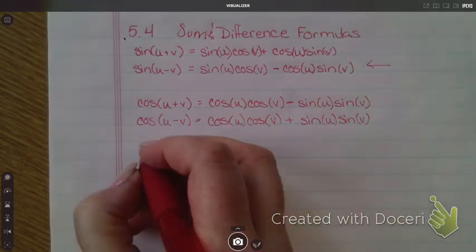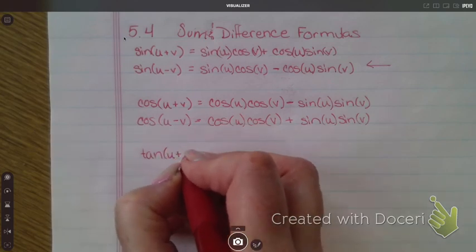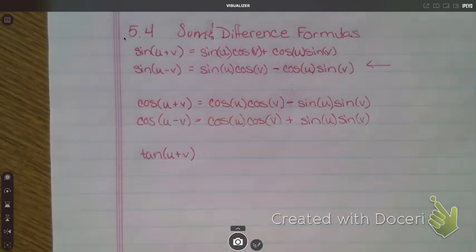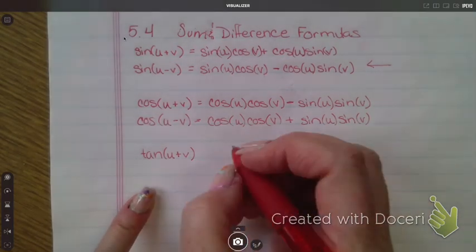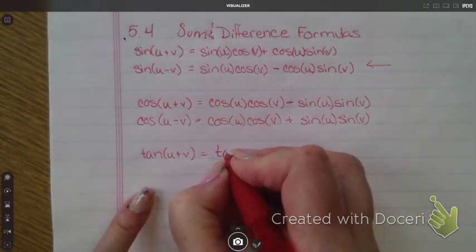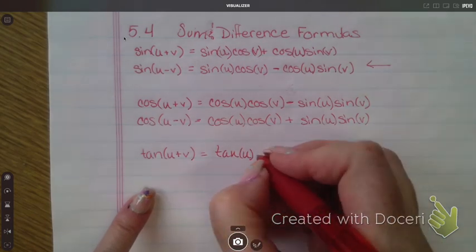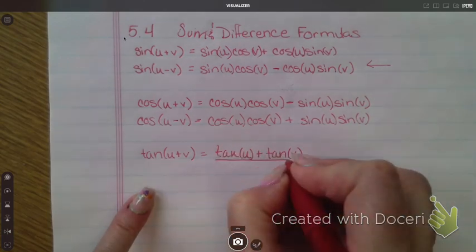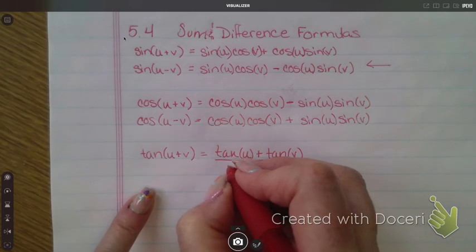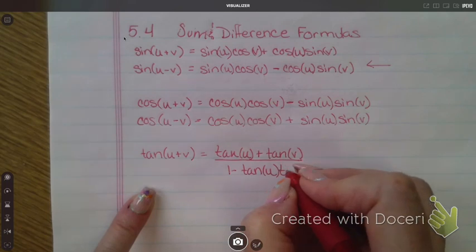The other one we're going to do is tangent. We are not going to do secant and cotangent, because all you have to do is do sine, cosine, tangent, and do what with them to get the other ones? Reciprocate them. Okay, so tangent of u plus v is the tangent of u plus tangent of v, divided by 1 minus tangent u tangent v.